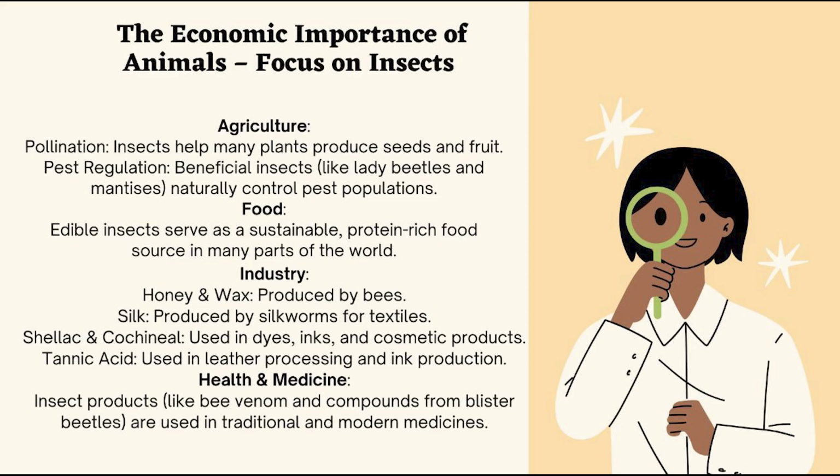In food, edible insects are a sustainable, protein-rich food source in many cultures around the world. In industry, bees produce honey and wax. Silkworms produce silk, and other insects contribute to the production of shellac, cochineal pigments, and tannic acids, which are used in everything from dyes to inks.